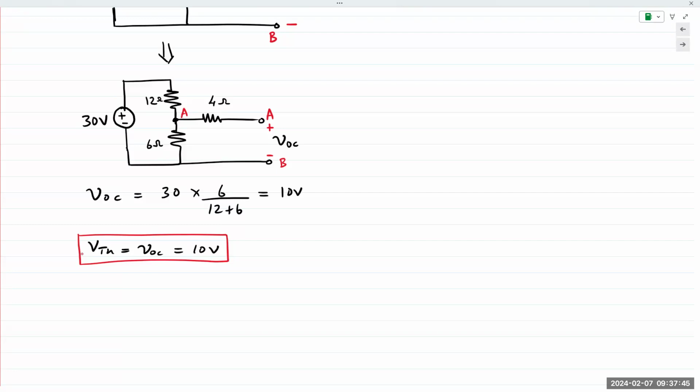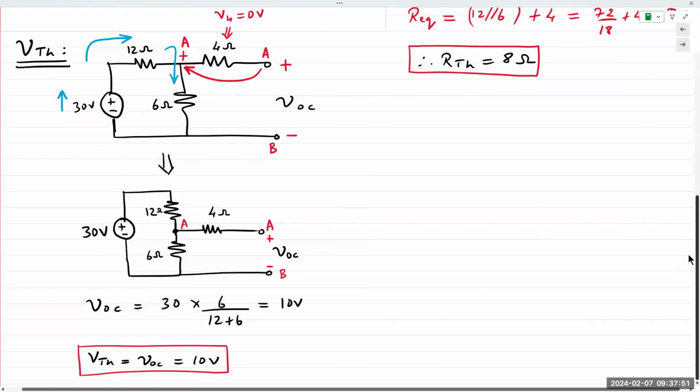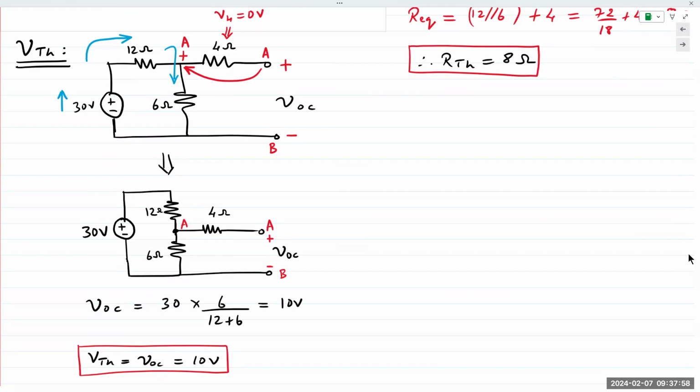Now, what do you predict the Norton current would be? This is 10 volts, and our Thevenin resistance is 8. What should our answer be? 10 divided by 8, 1.25 amps. However, and this is the second point why we need to find all three quantities independently.